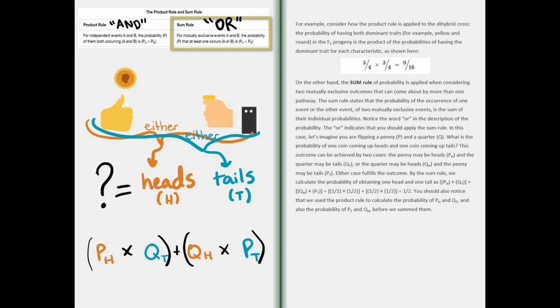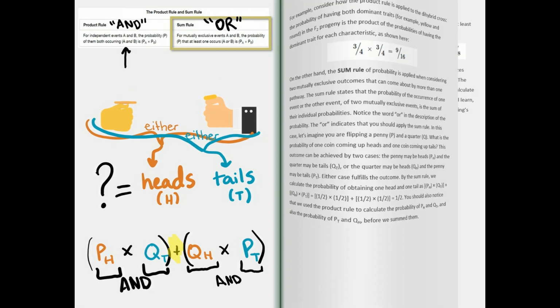You should probably also notice that we use the product rule to calculate the probability of a penny getting heads and a quarter getting tails, and also the probability of a penny getting tails and a quarter getting heads before we summed them. Order of operations. Again, the sum rule can be applied to show the probability of having at least one dominant trait in the F2 generation of a dihybrid cross.